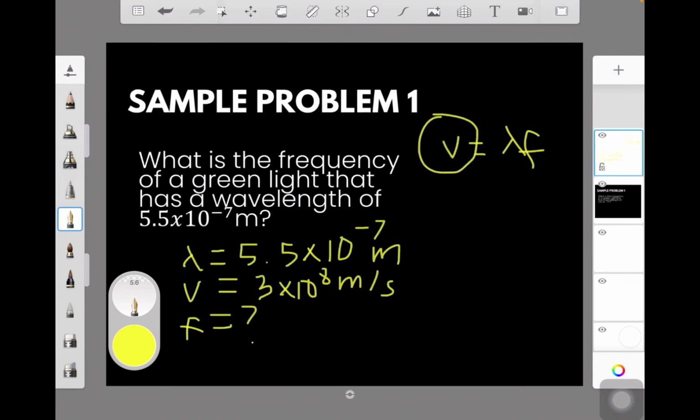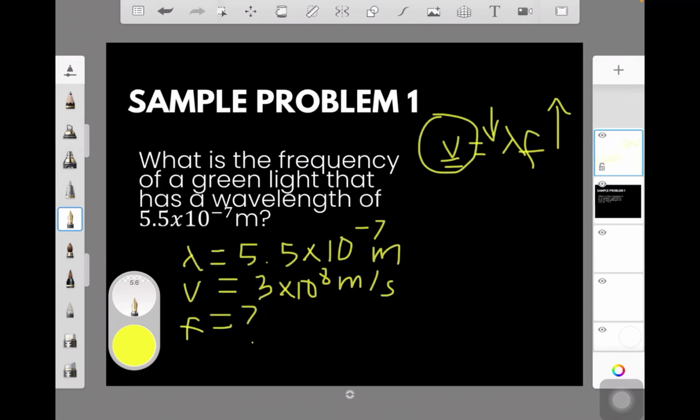So if there is a decrease in the wavelength, let's say, there should be an increase in the frequency to compensate, so that when we get the product of these two different variables, we will still arrive with the same amount of velocity, or speed of the electromagnetic waves.